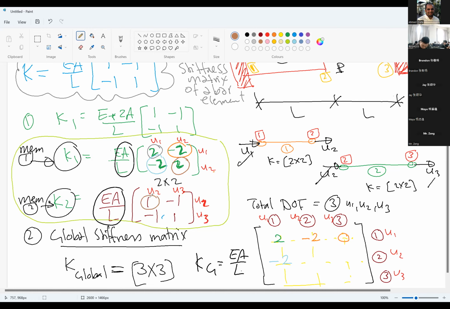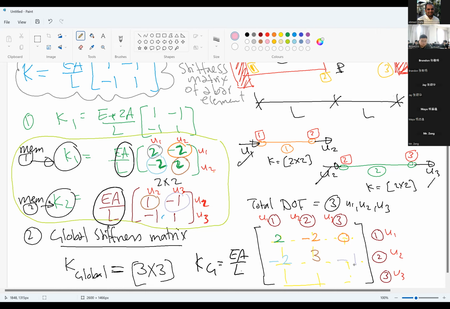So for U22, we have 1 from the first matrix, 1 from the second matrix. So we add them together. So we have 3. Okay. The next step is U32. U32, we don't have any 3 in matrix 1, so U32 is this number, -1.